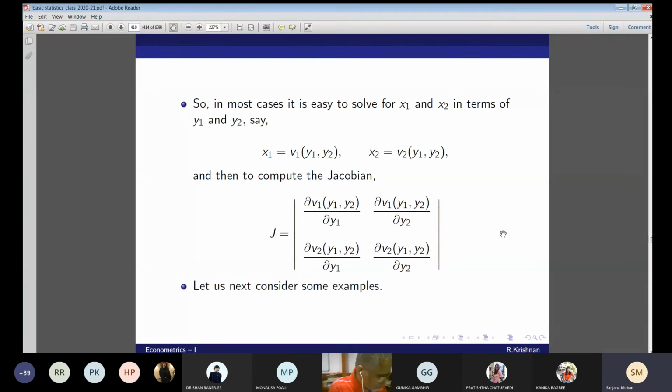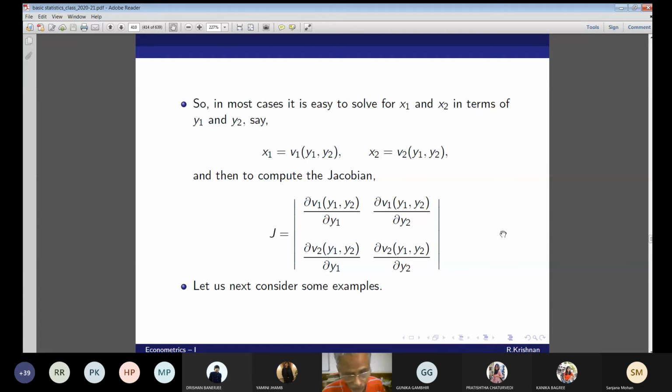Sir, is the Jacobian y2? I mean the determinant. Yeah, y2. Isn't it? Yes. Using the inverse function, y2. Okay. Now, what will be the PDF of y1, y2?